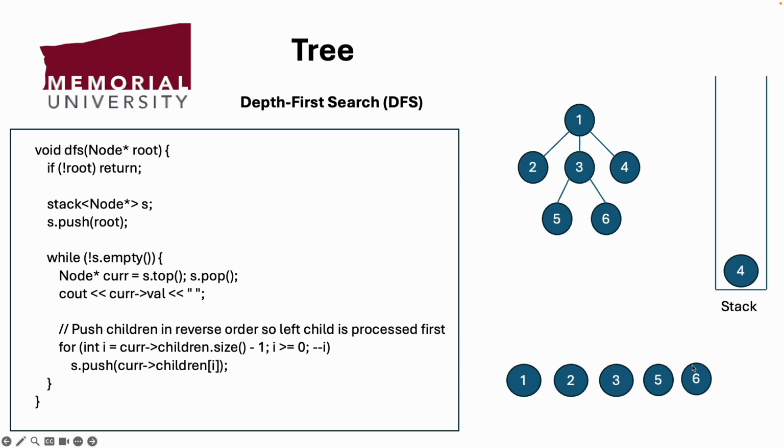The last one is node 4. We pop it and display it here. There are no children for 4 either, and then the depth first search is complete. That's how depth first search works with the stack.